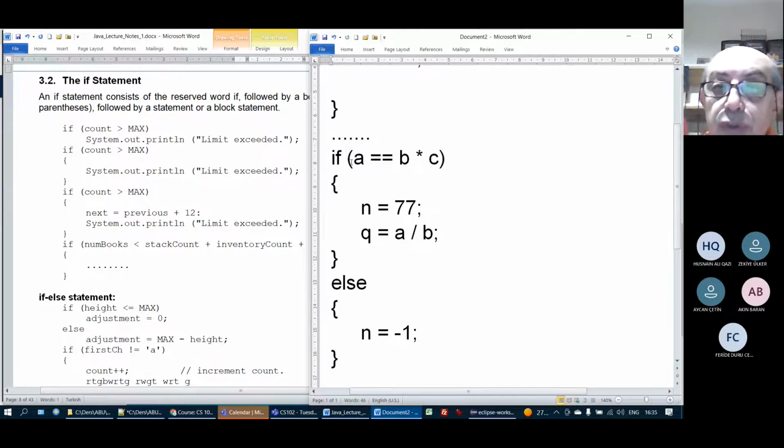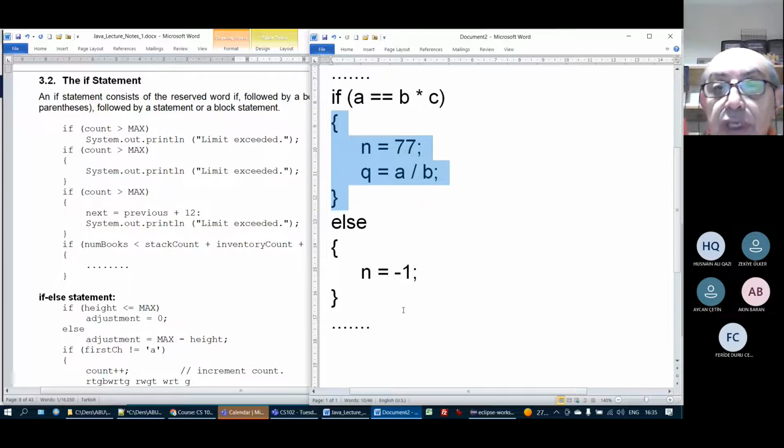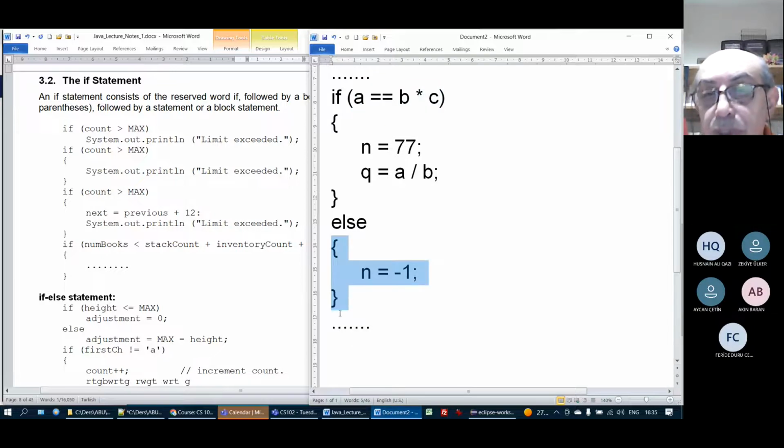So if this Boolean expression is true, the if block is executed and it jumps over the else and continues with the statements after the whole if else block. This whole thing here is the if else statement. If the condition is false, it jumps to the else, executes the else block, and then continues with the statement after the if else statement.